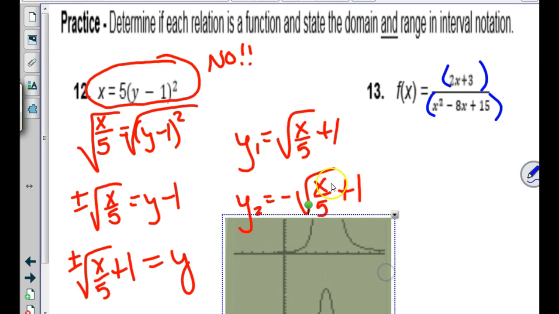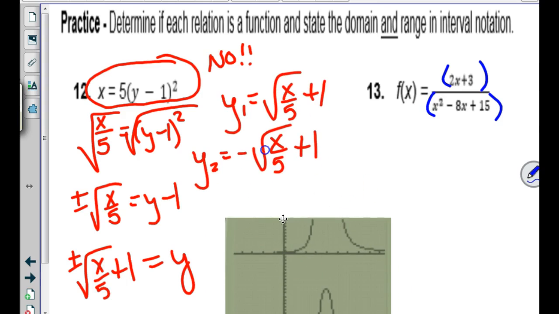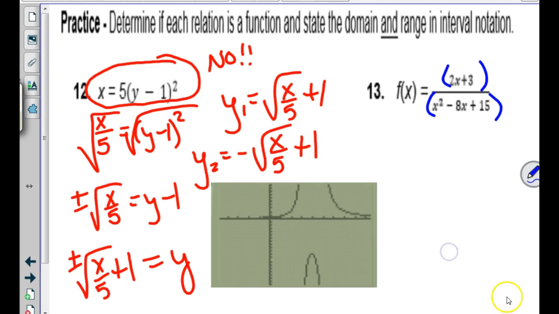Yeah, if you want to hit the lights, that'd be great. Okay, what do you think? It does kind of look like it's flattening out, but does that matter? It still passes the vertical line test? Everybody okay with that? Yes, it's a function.